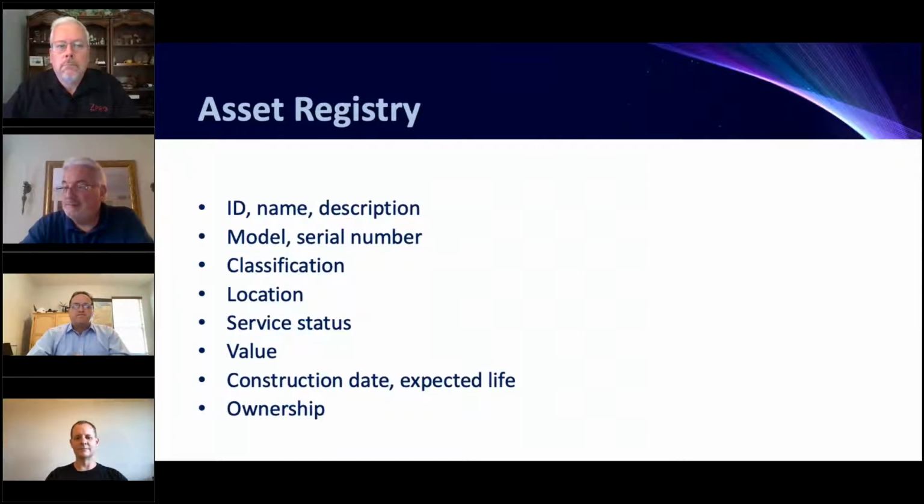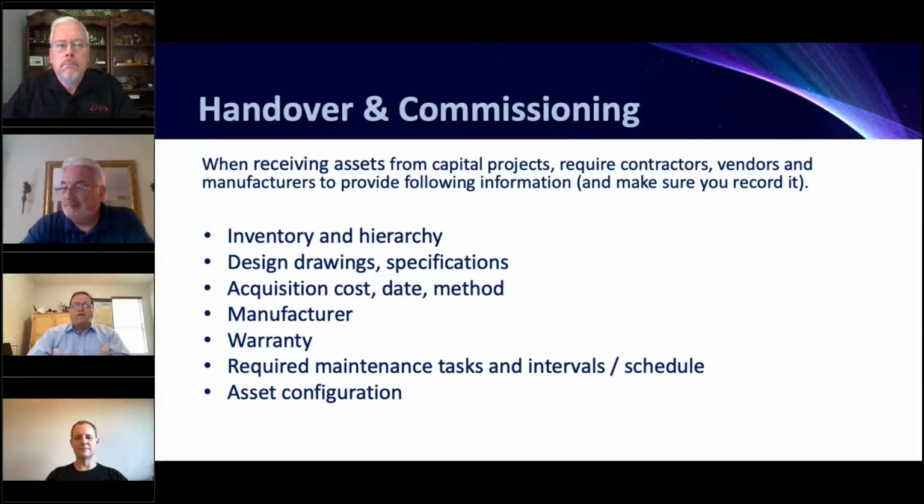Next. At handover and commissioning, you would collect your inventory and hierarchy, your design drawings and specs, your acquisition costs, your manufacturer, your warranty information, maintenance tasks, recommended intervals and schedules, and asset configuration. Next.